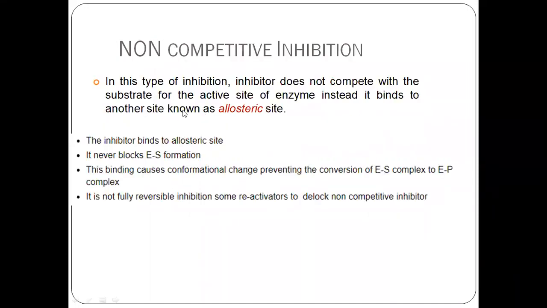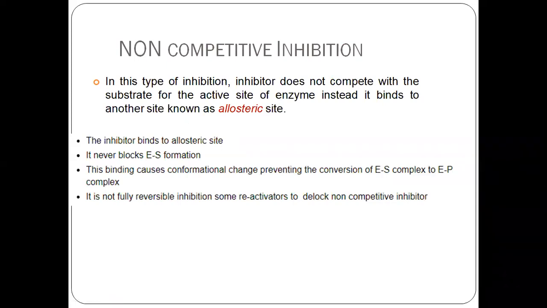Non-competitive inhibition. In this type of inhibition, the activity of the enzyme is lost by binding of the inhibitor at another site, not at the active site. That site is known as the allosteric site.